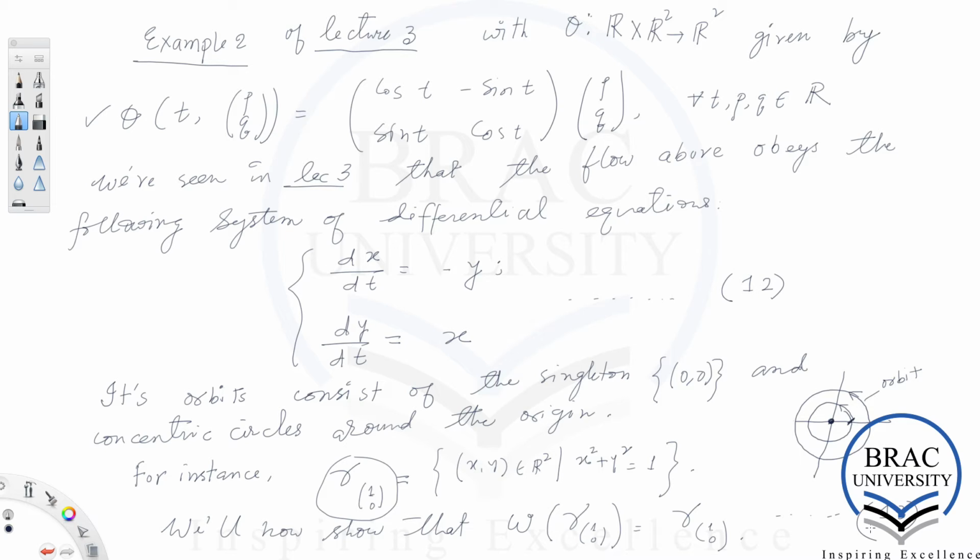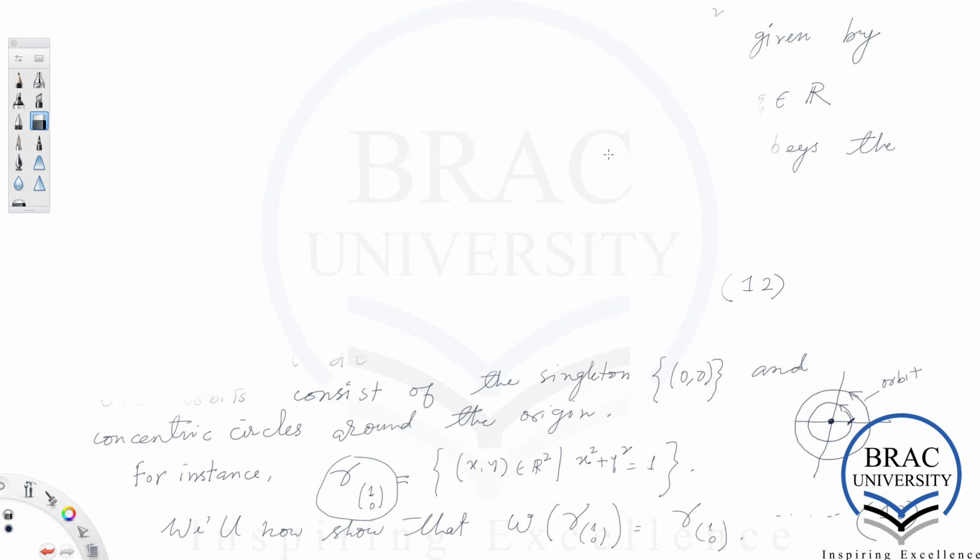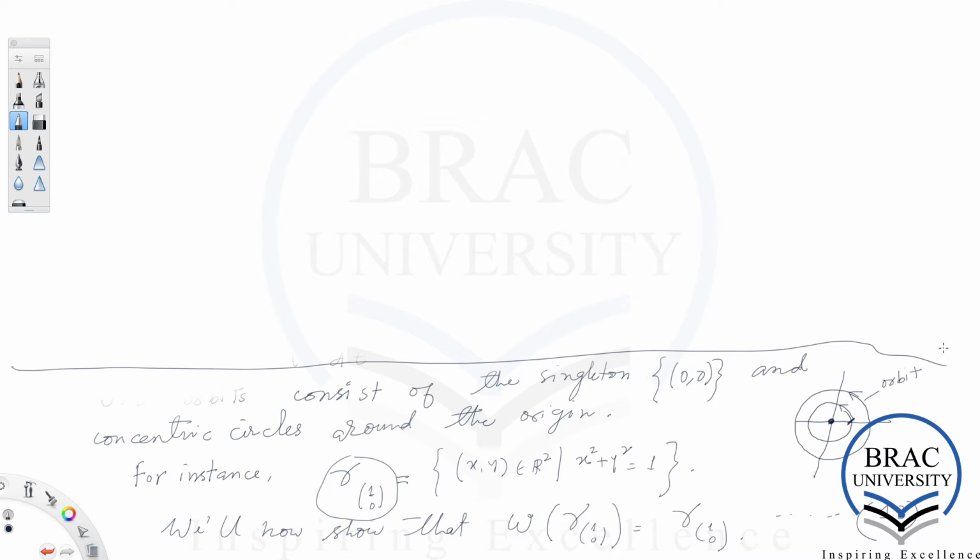Okay, let me erase. Let (x, y) be a point in this orbit of the vector (1, 0).